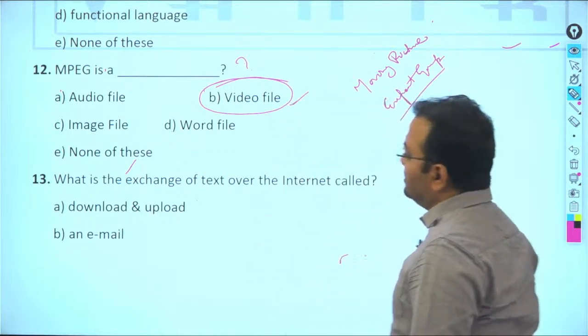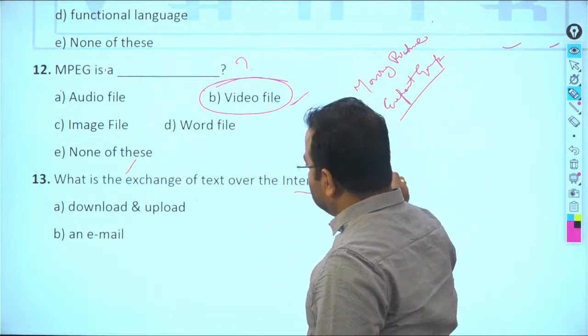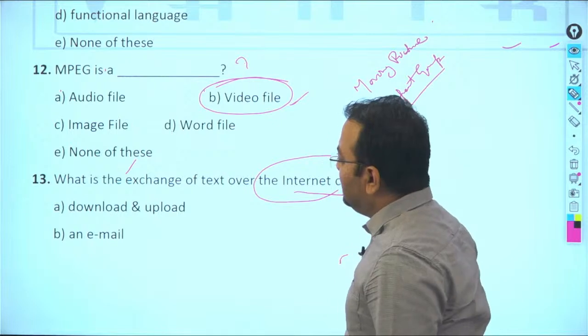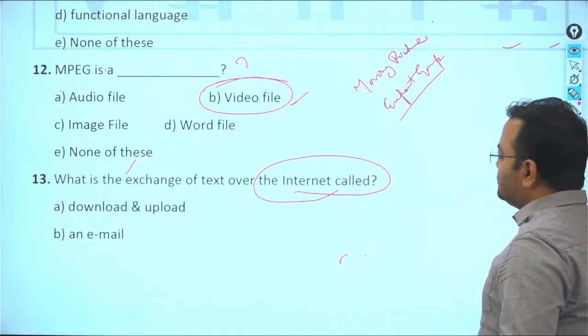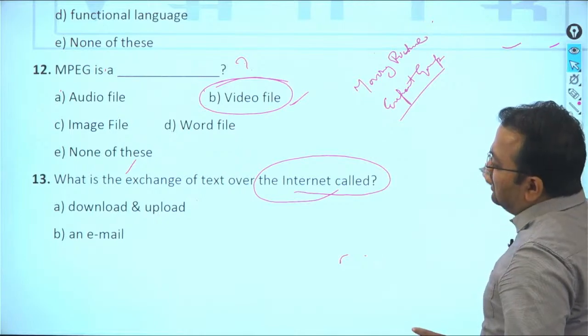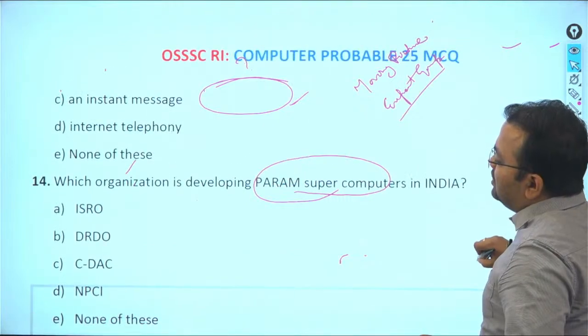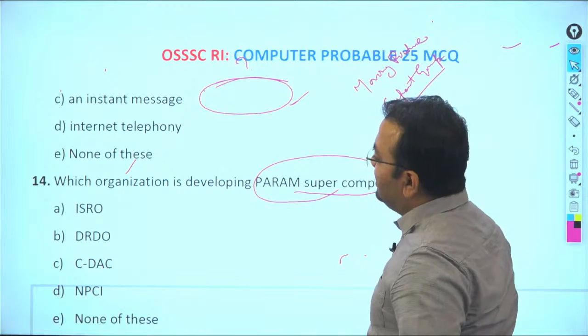Then goes to question number 13. What is the exchange of the text over the internet is called? So remember, if the question is asked what is the exchange of the text over the internet, let's see about the options. Option A is upload download, then option B is instant messaging, then internet telephony, none of these above.